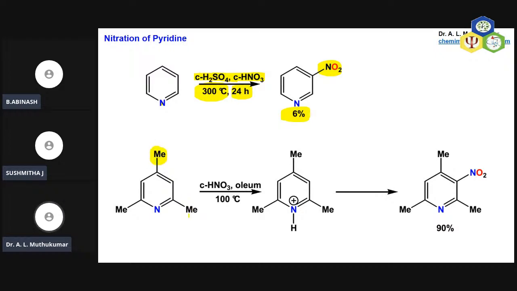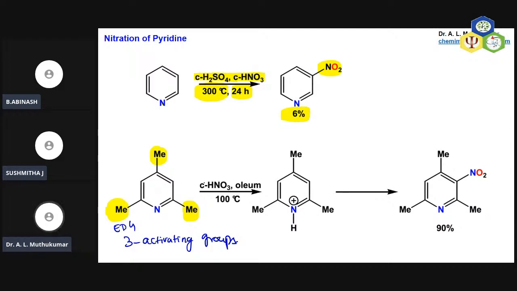This compound has 3 activating groups. Methyl is an electron donating group, so 3 activating groups are present. That means it gives more electrons to the pyridine ring system.